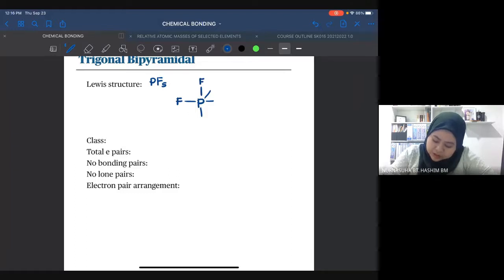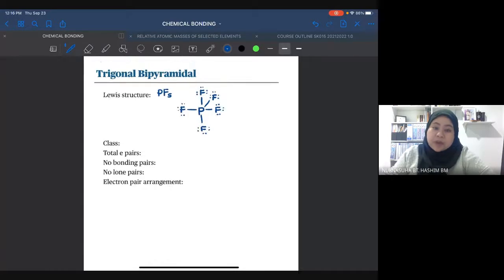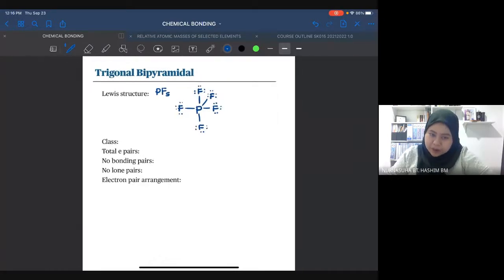Kalau Lewis structure, kita tak kisah macam mana you susun. As long as you ada 5 fluorine. Okay, so this is the Lewis structure for PF5.